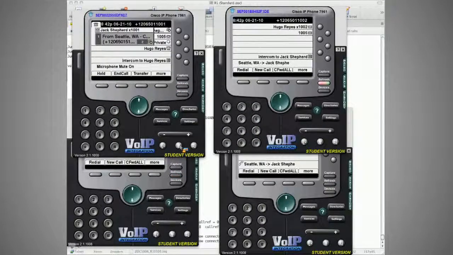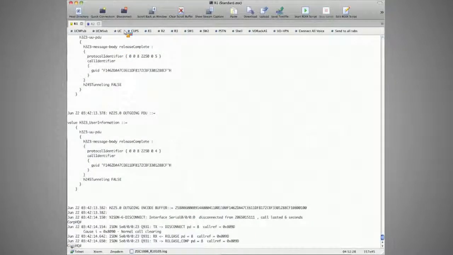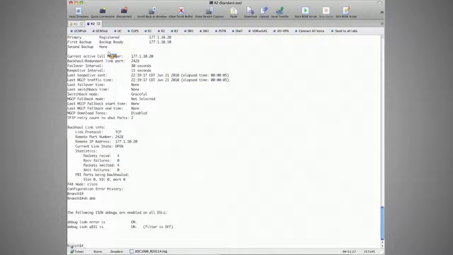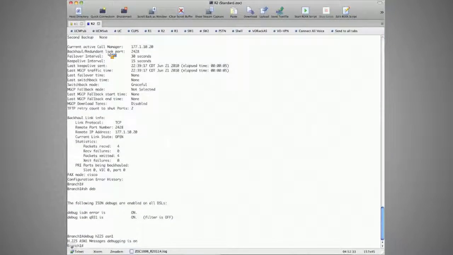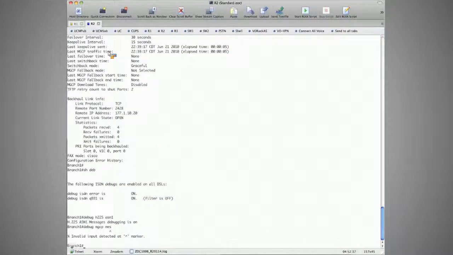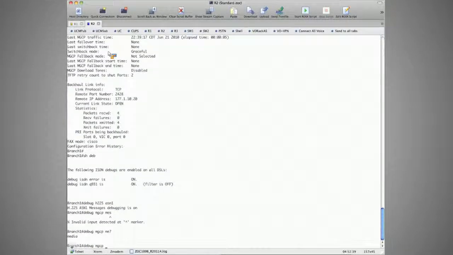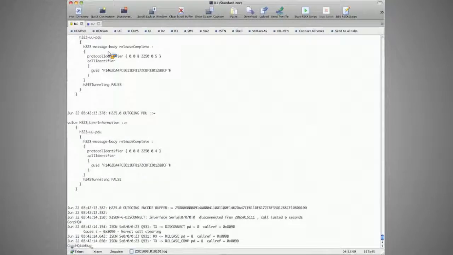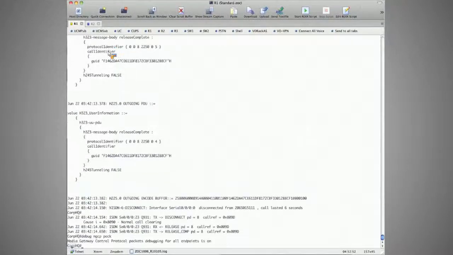We get feedback. Okay, so now let's call in to the branch 1 gateway. We've got ISDN running. We could debug H225 ASN1, and we could also debug MGCP packets over here as well.